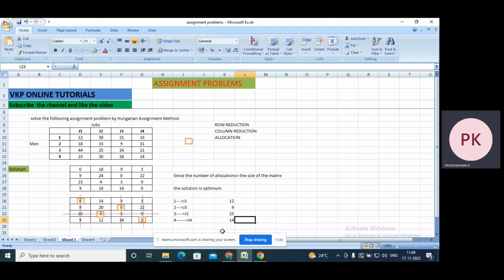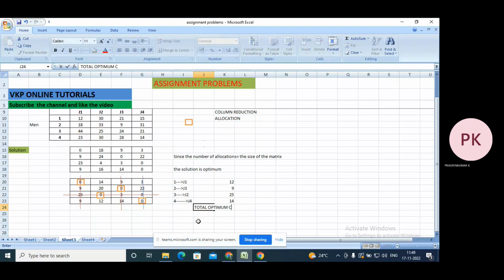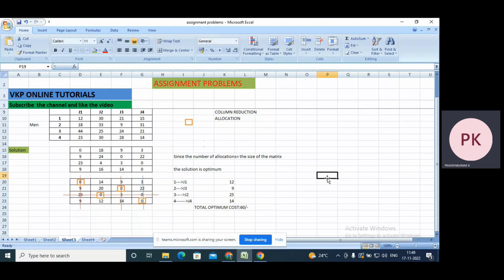So we can cross check the total cost. Total optimum cost is, just add this one, 12 plus 9 plus 25 plus 14. So we are getting 60 rupees. So this is the total optimum cost.